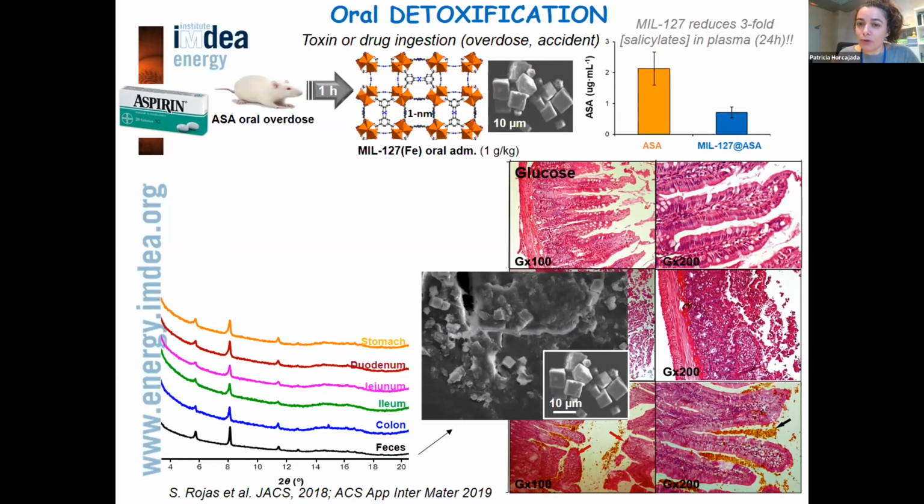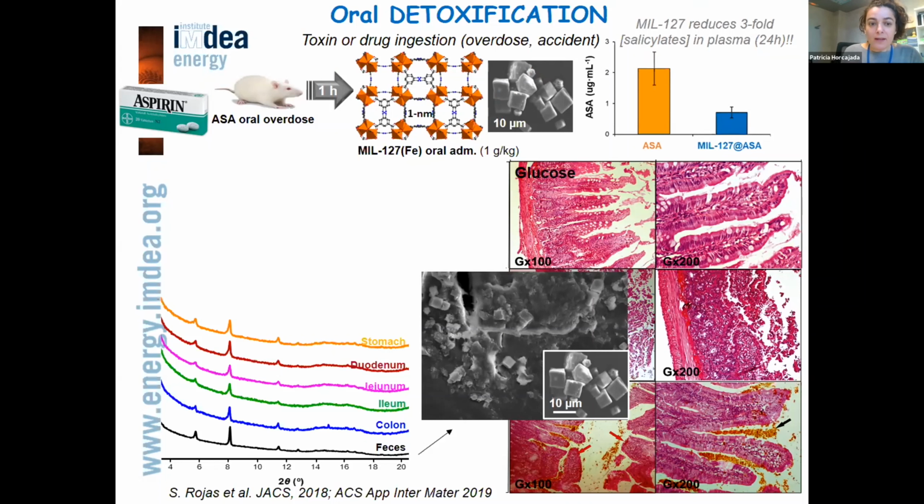In this case, not only are the plasma levels 3 times lower, but the presence of the MOF is also able to protect the intestine from the toxicity of the aspirin. The toxicity of the aspirin leads to the destruction of the villi. In the presence of the MOF, you can see that the villi remain intact.